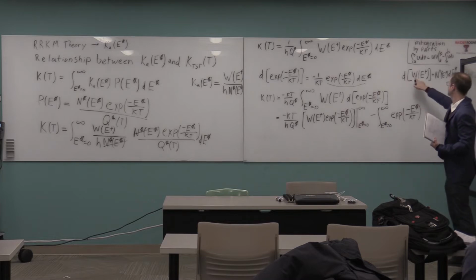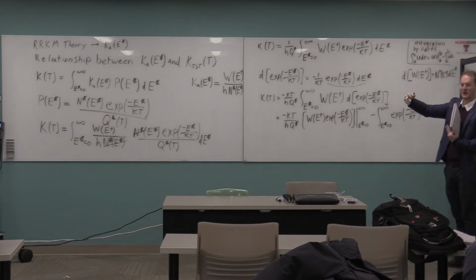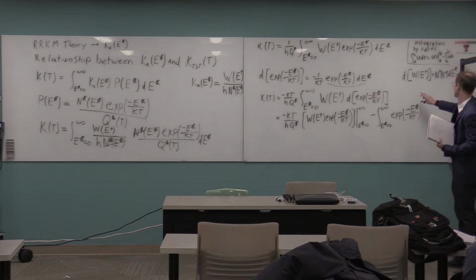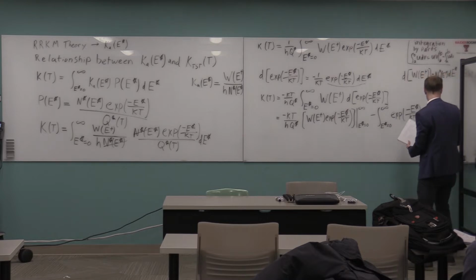Right, so the derivative of the total number of states with respect to energy is the density of states, right? If we go up one wave number, we get how many states per wave number. That's the number of states that we increase by. Okay, so I can substitute here.